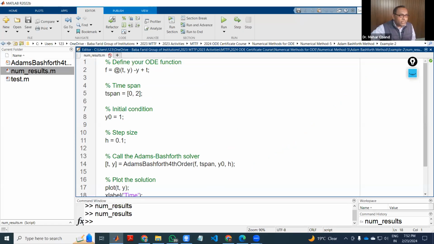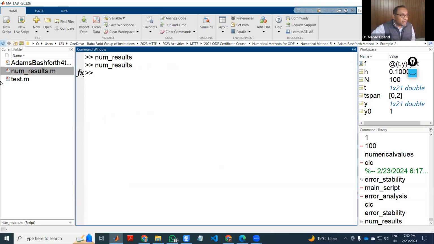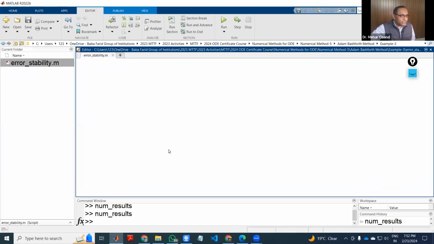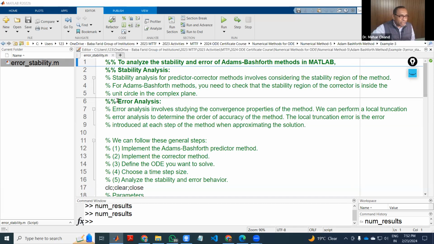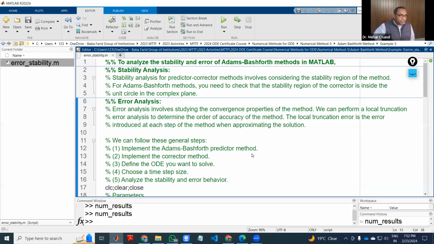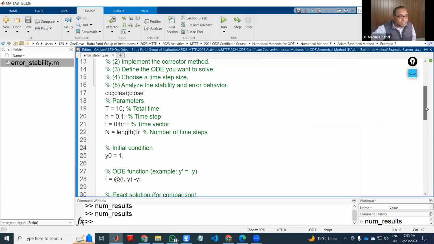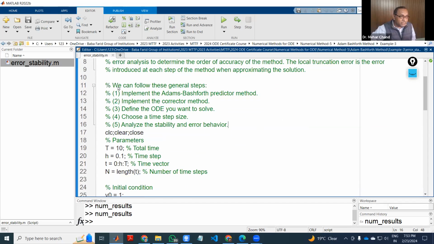Then, in the last example, we try to discuss the error and stability. When you want to find the error, we should have the exact solution, and only then can we find the error. The stability analysis and error analysis are similar to what we discussed for the Runge-Kutta and Euler methods. These are the theoretical parts, and the steps required to implement them are the same.